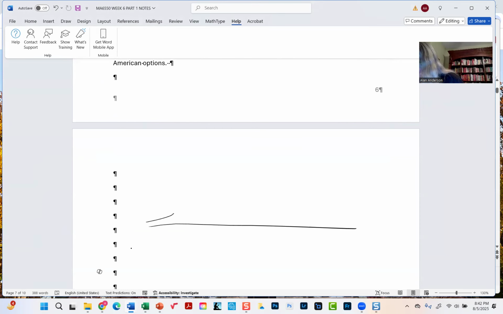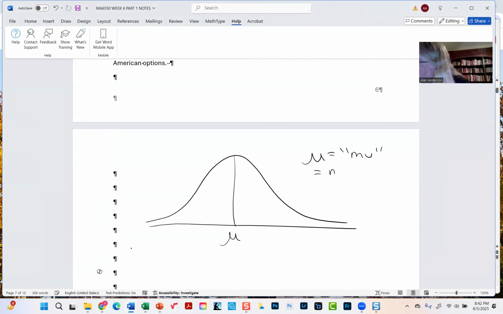So here's our old friend, the bell-shaped curve. The center is usually designated with the Greek letter mu. That's the mean of this distribution. The shape or the spread is designated sigma, for standard deviation.